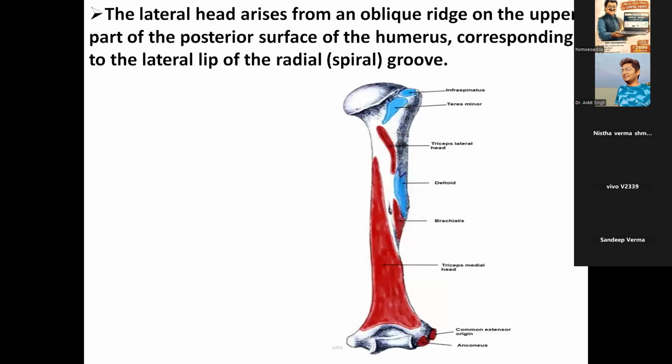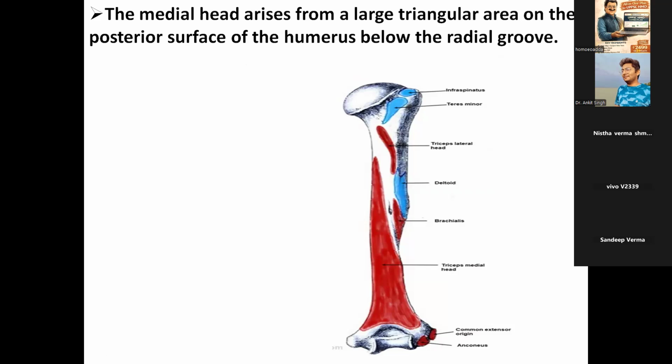ठीक है, so the long head of triceps brachii originates from the infraglenoid tubercle. Lateral head, that is arising from the posterior surface of the humerus. And the third one, that is the medial head. You can see the whole triangular area. Can you see where the cursor is? That is the medial head, right? तो ट्राइसेप्स ब्रेकाई के तीन हेड हैं, लॉन्ग, लेटरल एंड मीडियल। Long is from the infraglenoid tubercle.